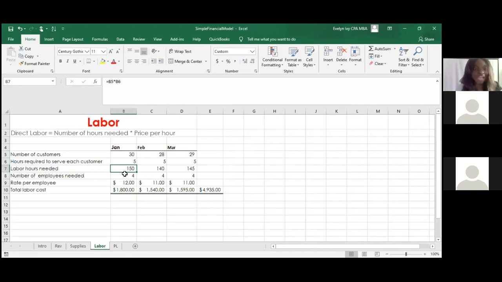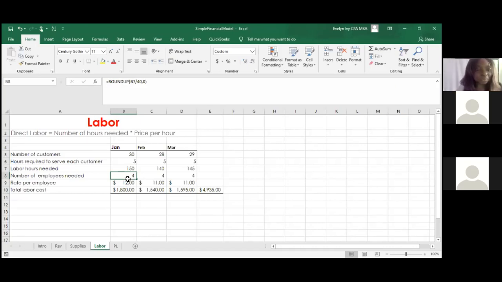If the average employee works 40 hours a week, you need about 4 employees. So you kind of have to calculate, if one employee works about 40 hours a month, I calculate this person on a part-time basis. So you need 4 employees a month.